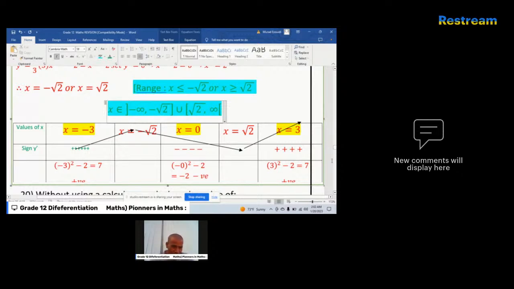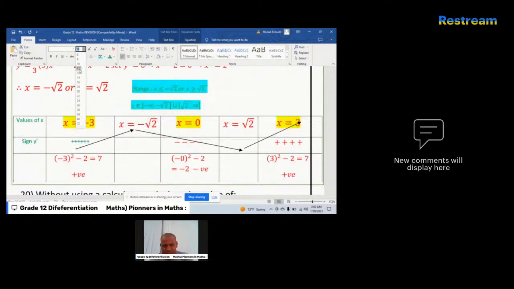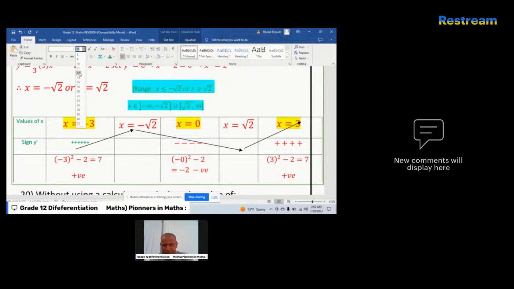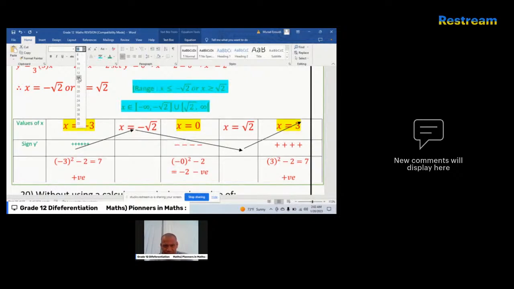Now learners, I wish that's clear for you. I will make this smaller so that I obtain the space, 14. I will save this one, learners.